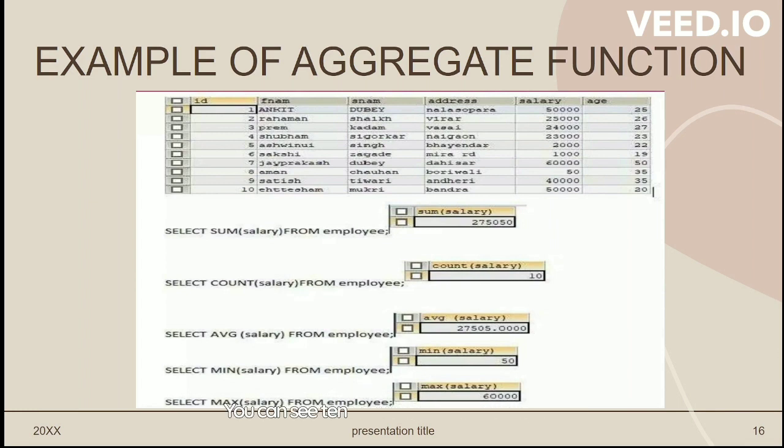You can see 10 because there are 10 employees. Next is select the average salary for employee, which is 27,505. We select the minimum salary from the employees, and the minimum salary is 50. And select the max salary from the employee, you can see the max salary is 60,000, and this is the result we give in a table.